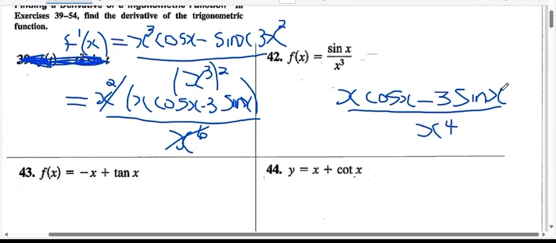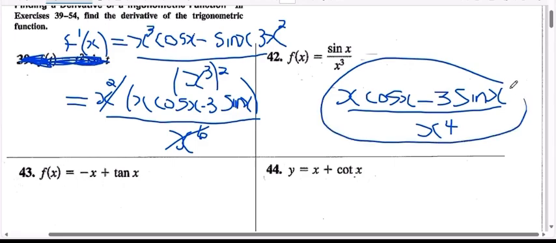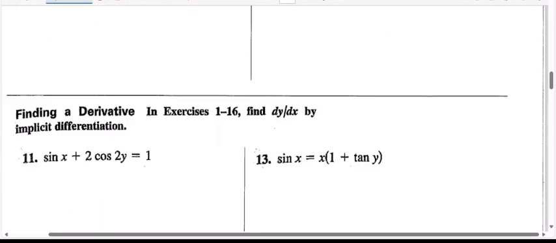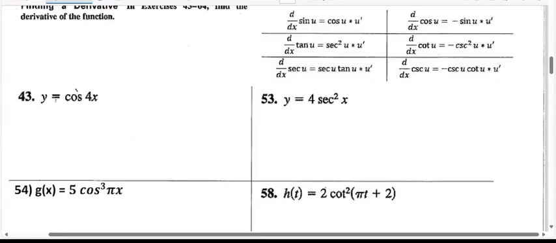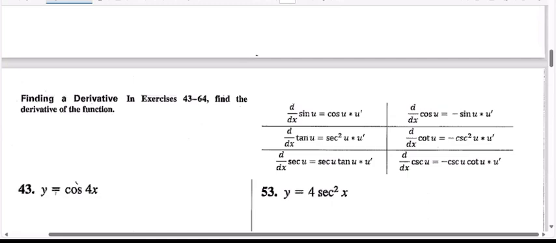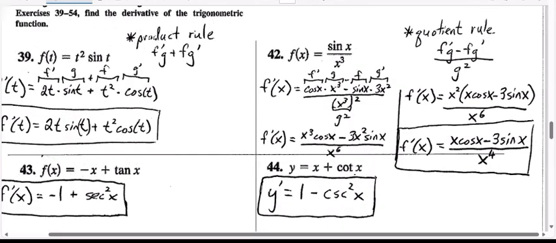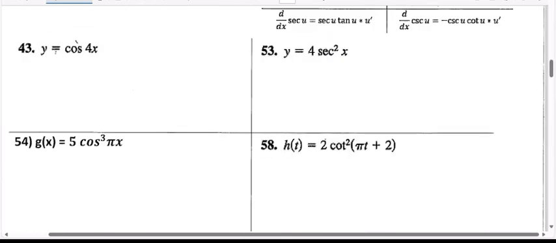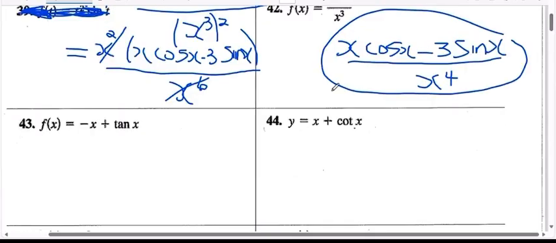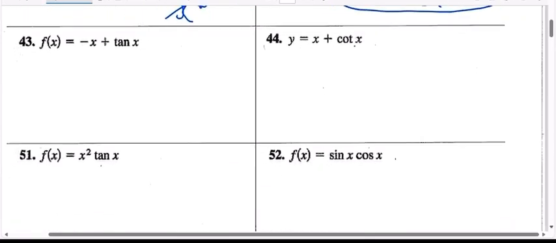This is the final answer. If you go to the answer key, number 42, you can see s cos s minus 3 sin s divided by s raised to the power 4. That is exactly what we got. So far so good, right?